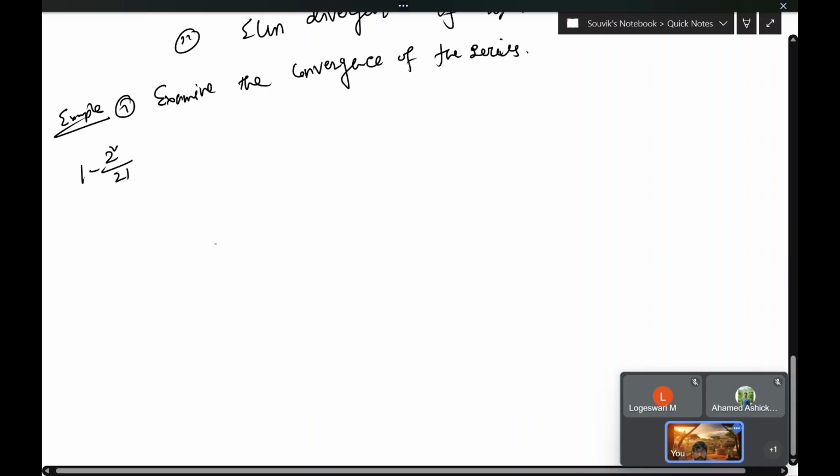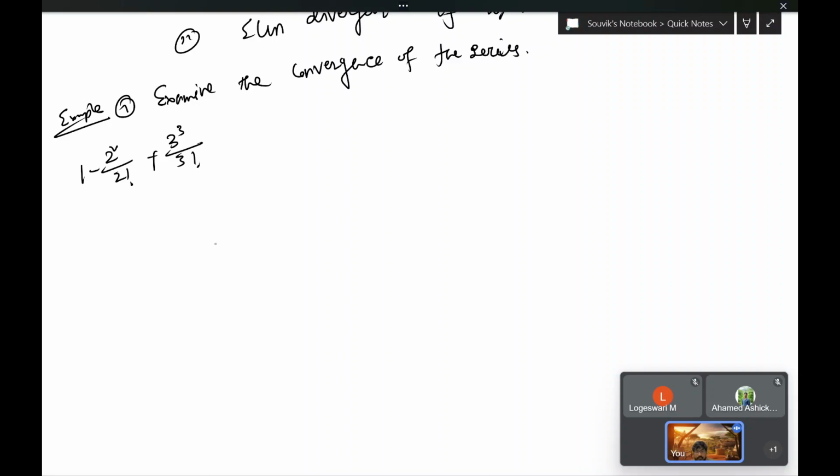1 minus 2^2/3! plus 3^3/3! minus 4^4/4! plus dot dot dot.